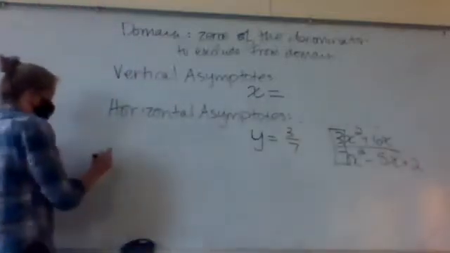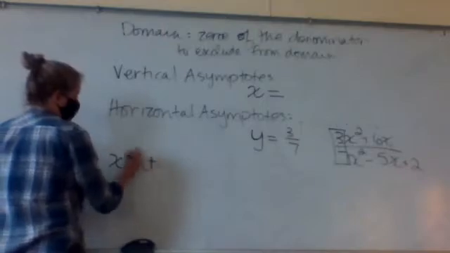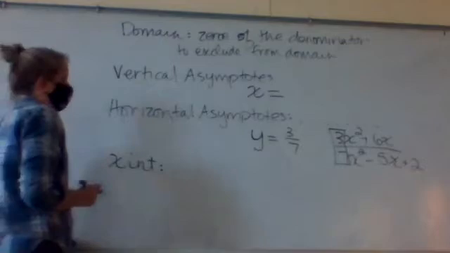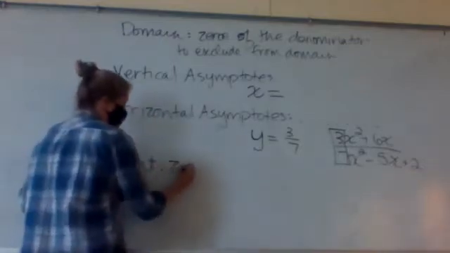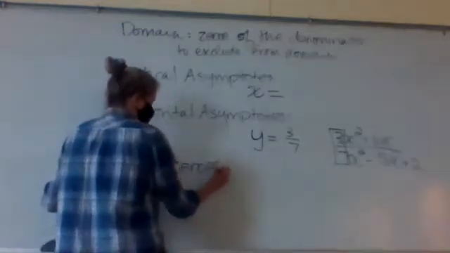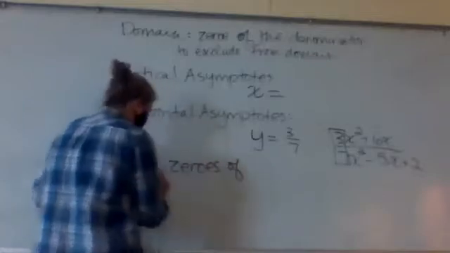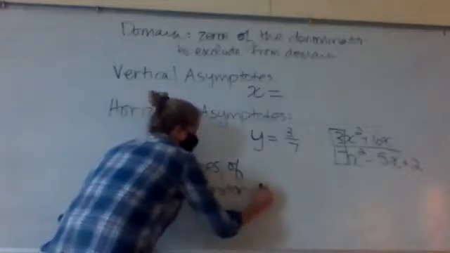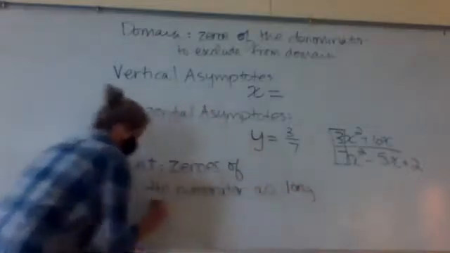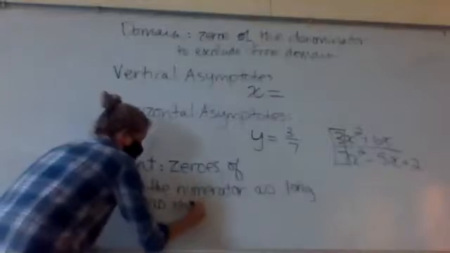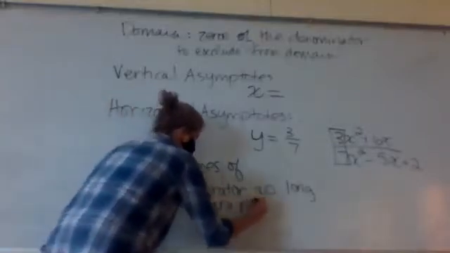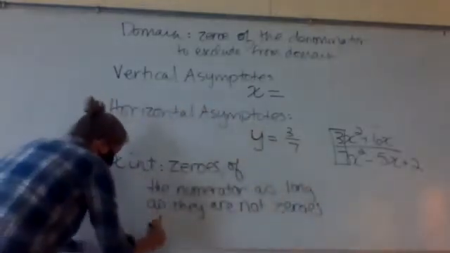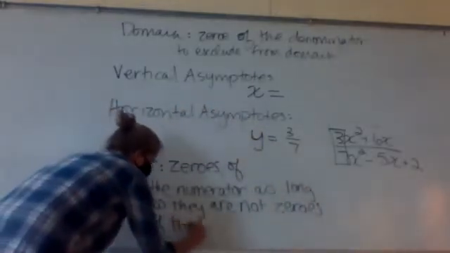The other 2 distinguishing aspects that we're going to talk about are the x-intercepts of your rational function and your y-intercept of your rational function. So the x-intercept is going to come from the zeros of the numerator as long as they are not zeros of the denominator.